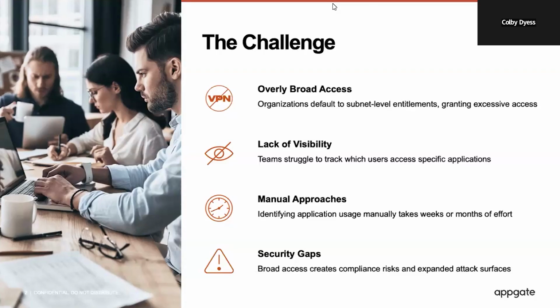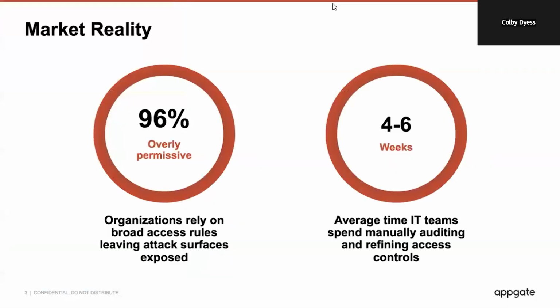So just based on some initial market research, we've seen these as drivers, and when working with our early adopters for application discovery, these proof points are really borne out. Within the groups that we had interviewed, as well as the participants in the early access programs, we saw that 96% of the environments were still relying on overly permissive rules.